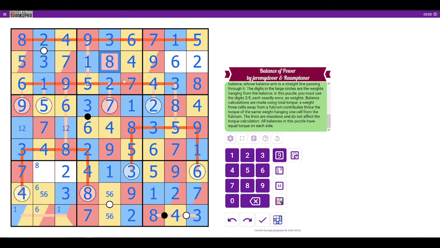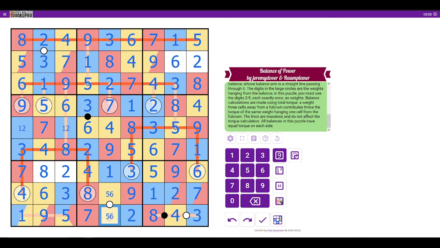That's the 8. 5, 6, no resolution there. 1, 2, 3, 4, 5, 6, 7, 8. Deadly patterns. This has to be the 5. That's the 6. So 1, 2, 3, 4, 5, 6, 7, 8, 9.